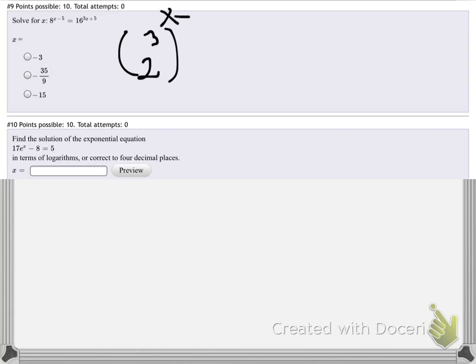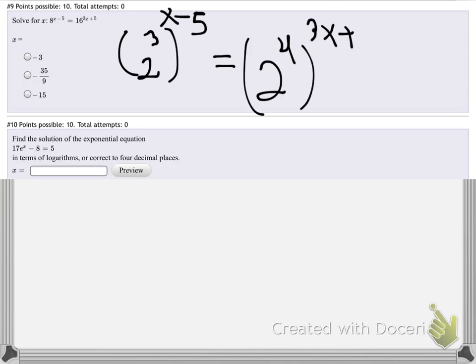And then I have an x minus 5 there. And then, let's see here, 16 is also a power of 2. That is 2 to the 4th. And then I have that, so that's the 16 part. And that's to the 3x plus 5. That's what I would do. So this is the 8 part, 2 to the 3, that's 8. 2 to the 4 is 16, and now they both look like 2 to the something.